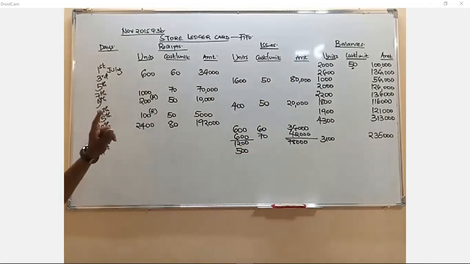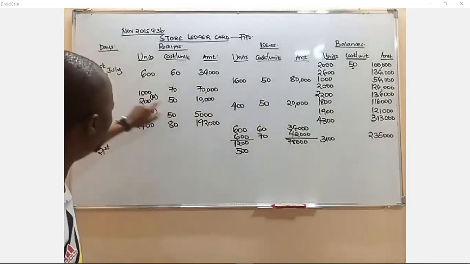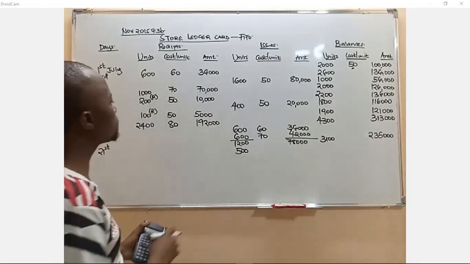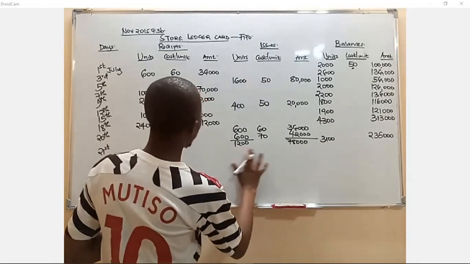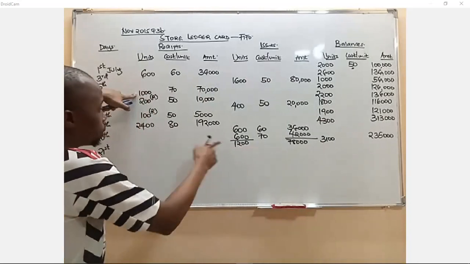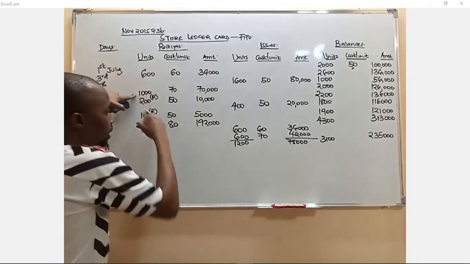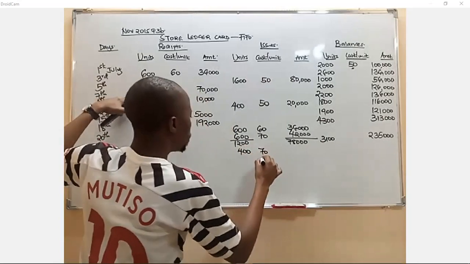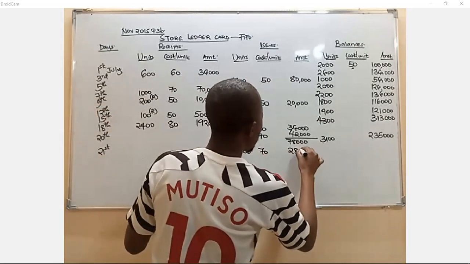Unakuja unaniambia mwalimu tumeissue 600 from 1,000. Sasa kutoka hii batch iko hapa kuna 400 zimeharibika. Right? Kwa hii batch sasa. Si already umeissue so 6, kukabaki 400. So tunaissue hiyo 400 at 70. Hiyo comes to 28,000.